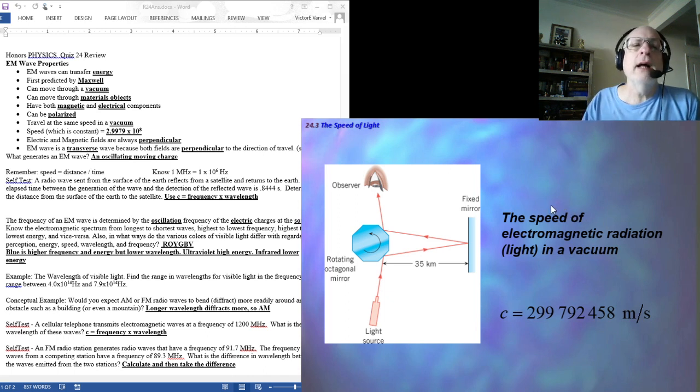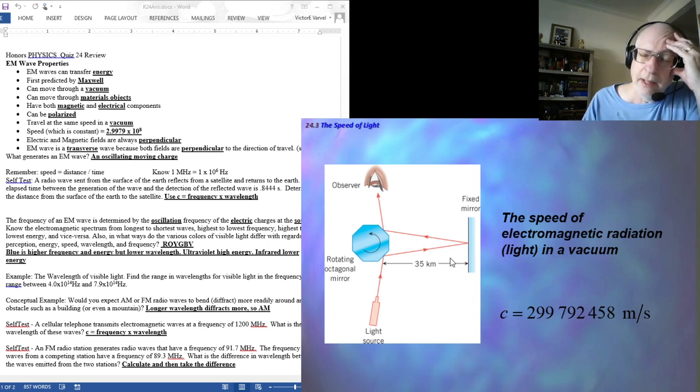And of course, I've got a picture here of one of the original experiments for determining the speed of light, where you had a rotating octagonal mirror, and the fixed mirror was like 35 or 3.5 kilometers away. I think it was 3.5 kilometers, but I know it's been done with different distances. The mirror was on a mountain, and then you had the oscillator.